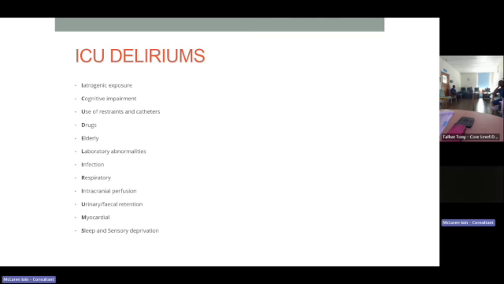So iatrogenic exposure. That's not just drugs and stuff that we give people, but it's actually what we do to them, in terms of surgery, in terms of invasive procedures. Cognitive impairment: do they have pre-existing cognitive impairment, pre-existing dementia, for example?